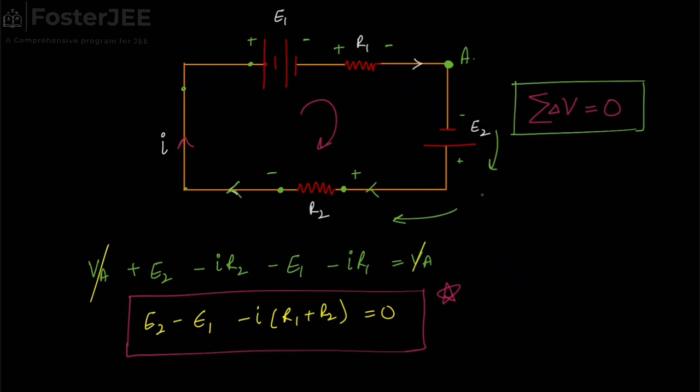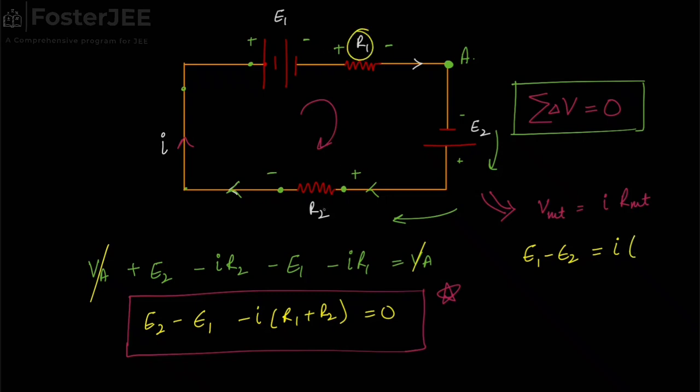Now let's do this with Ohm's law. Ohm's law says that V net equals I into R net. Since we are finding V net, E1 is trying to move charge in the anti-clockwise direction and E2 is trying to take charge in the clockwise direction. So they both are opposing each other. Hence this becomes E1 minus E2, or else we can say E2 minus E1 also, that depends upon the magnitude, equals I into R net.